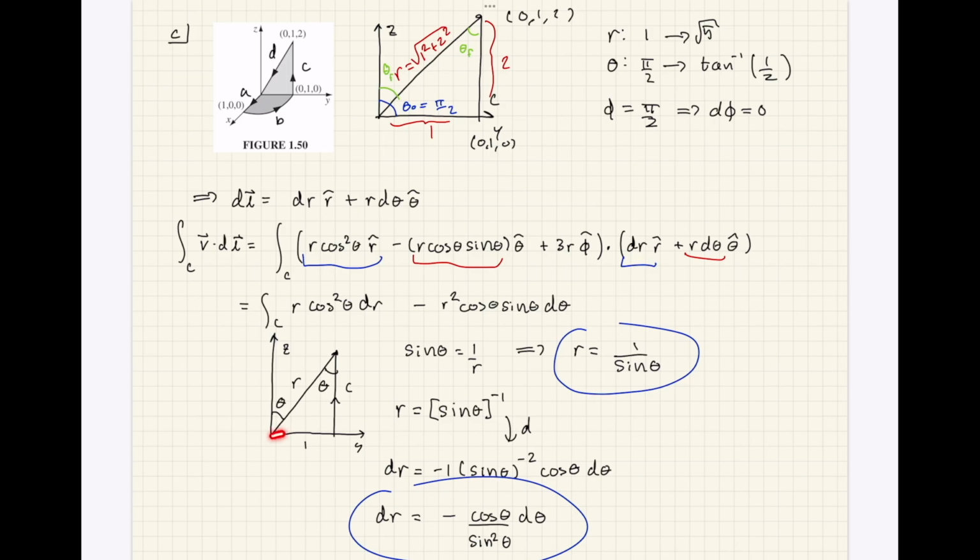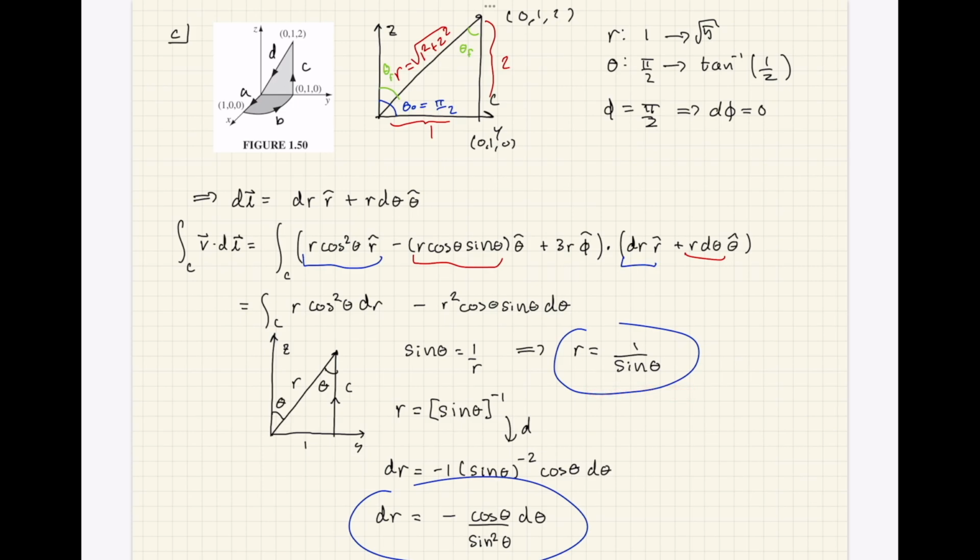As I walk up this path, my theta is changing and so is my r. But this leg right here stays constant. So I can write a relationship between theta and r using sine. The sine of this angle is 1 over r. Solving for r, I get r is equal to 1 over sine theta.